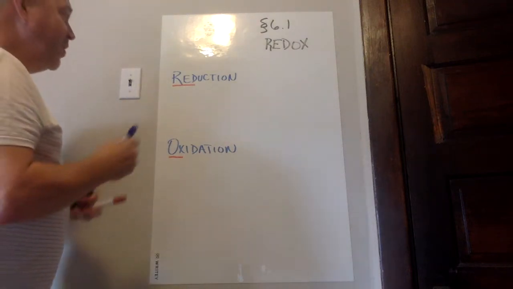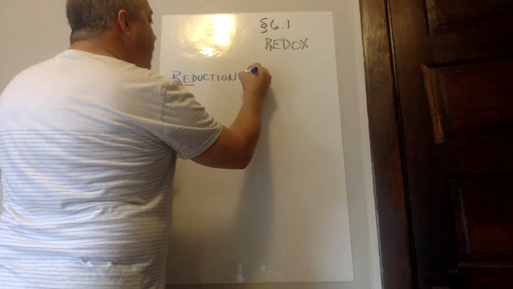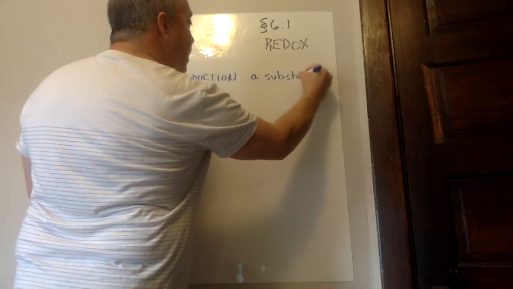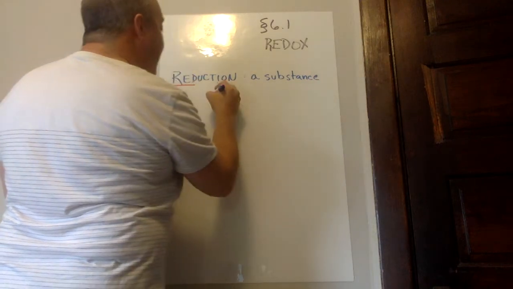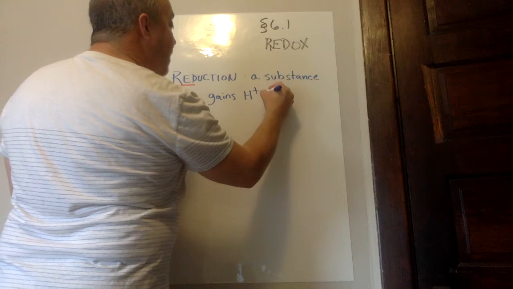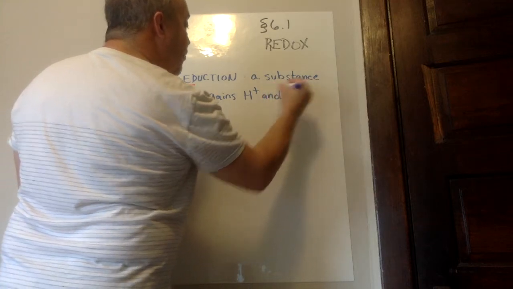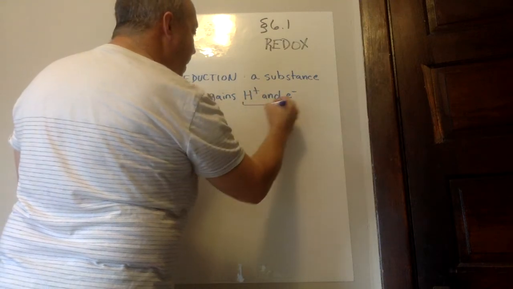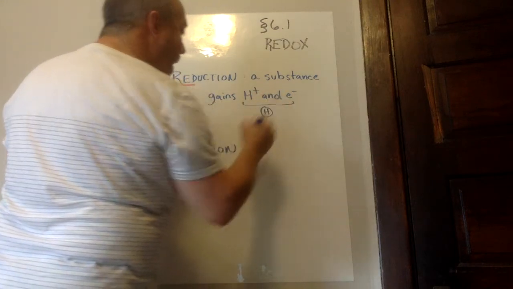So what is the definition of reduction? This is when a substance gains hydrogen ions and electrons. So remember, you can think of these two together. This is what is going to make up one hydrogen atom.